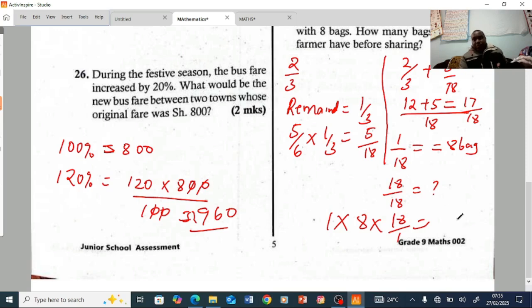So the bags were 144 before sharing. 18 times 8 is 144.